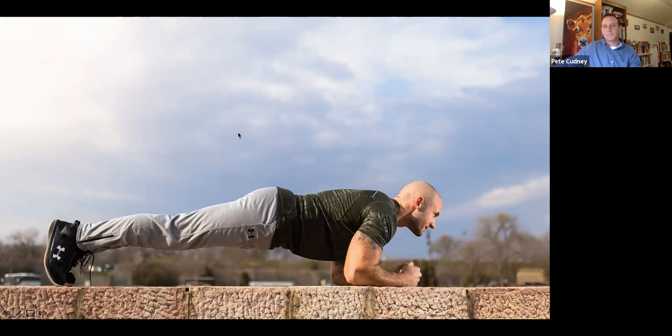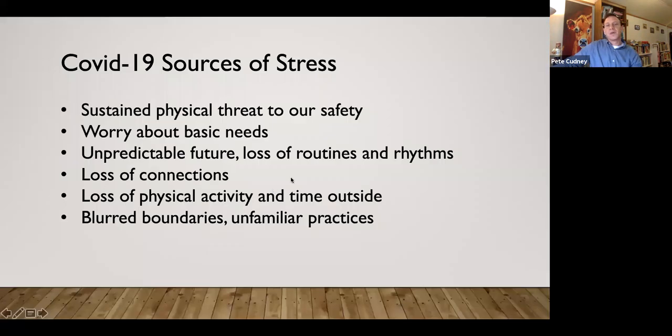Okay, all right, let's continue. With COVID-19, there are some unique sources of stress, and you're probably aware of these. You've probably thought of them, but I thought I would point them out. We don't typically, if we're fortunate, experience true physical threat to our safety. With COVID-19, we are really experiencing genuine physical threat to our safety, the safety of our loved ones, and it's sustained, right?